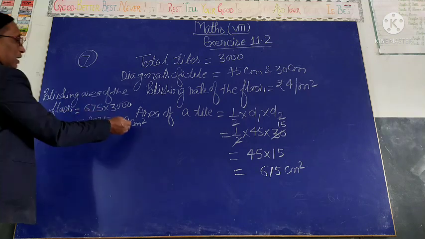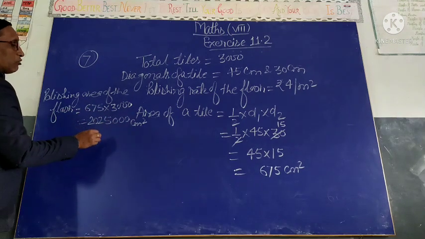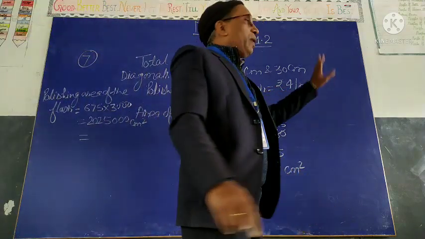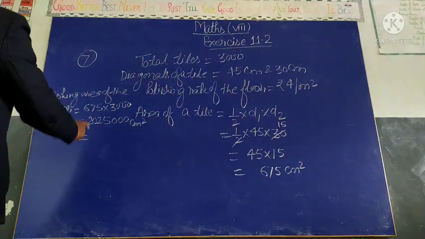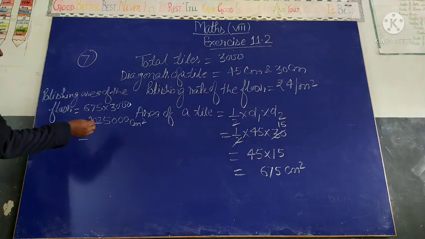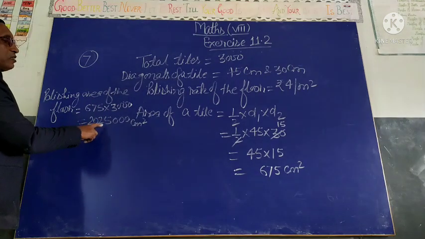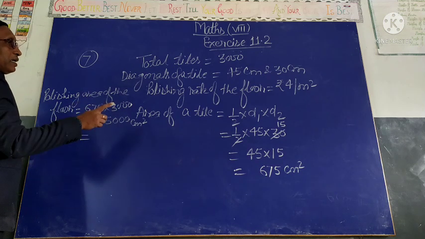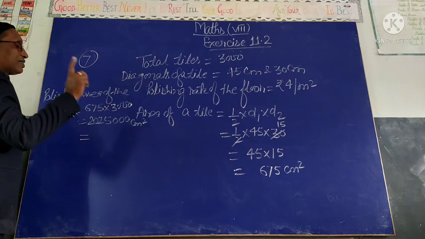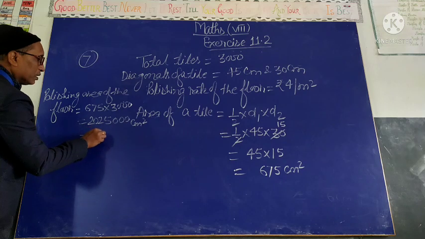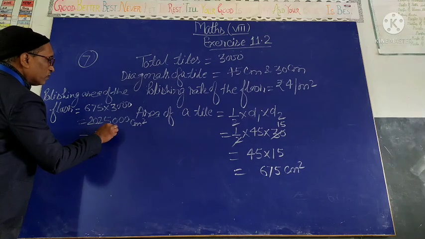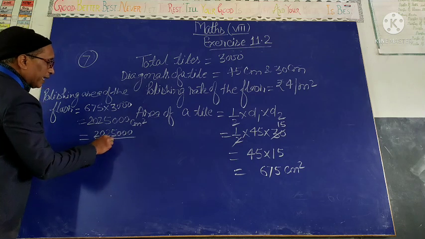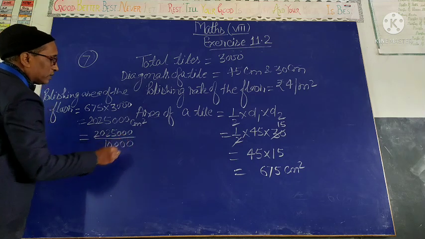And then you convert this area into meter square, because rate is given rupees 4 per meter square. Then you convert this area into meter square by dividing this 10,000, because 1 meter is equal to 100 centimeter. 2 2 5 000 upon 10,000.